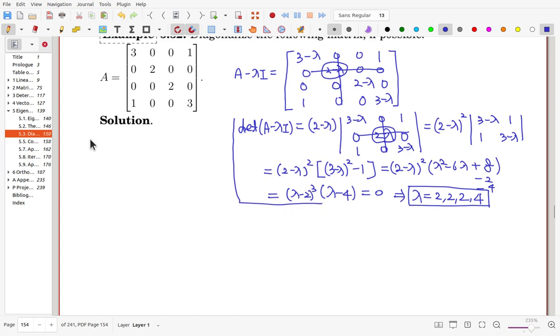Lambda equal 2. Then A minus lambda I, we subtract 2 along the diagonal. Then there's 1, 0, 0, 1. Now 0, 0, 0, 0. Again, one more 0 row, and this is 1, 0, 0, 1. So 2 zero rows, and these two are the same.